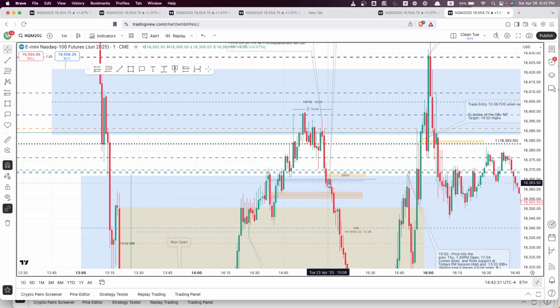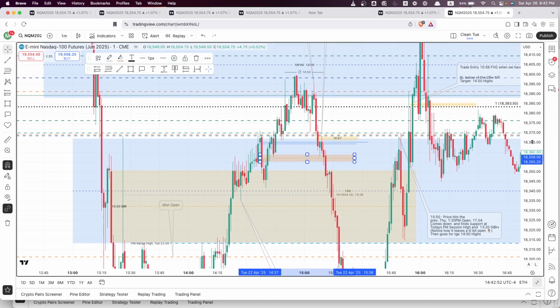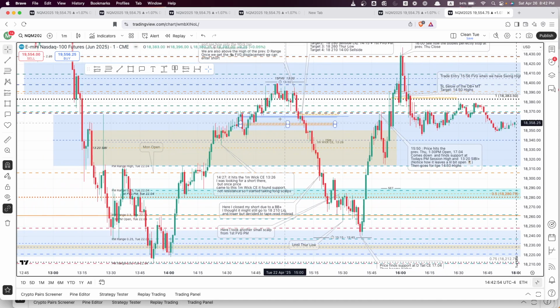So it rejects, we make this breakaway gap, and here we have a fair value gap. It can tap into this one, but if it's really bearish, it might leave this one open. So we can have our entry here. It also synchronizes with this liquidity void. And this is also like a bearish breaker, maybe on seconds chart. Here another entry, inversion fair value gap. And it goes all the way down over here.